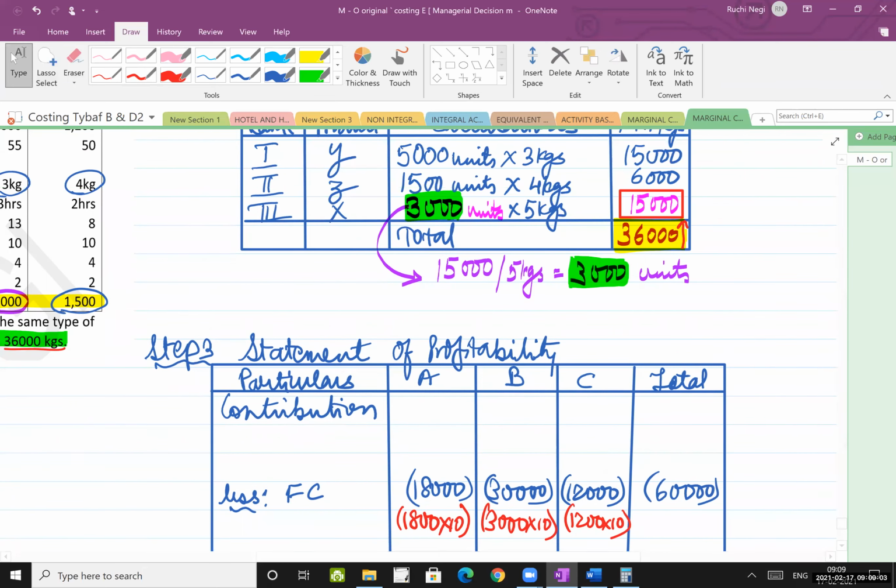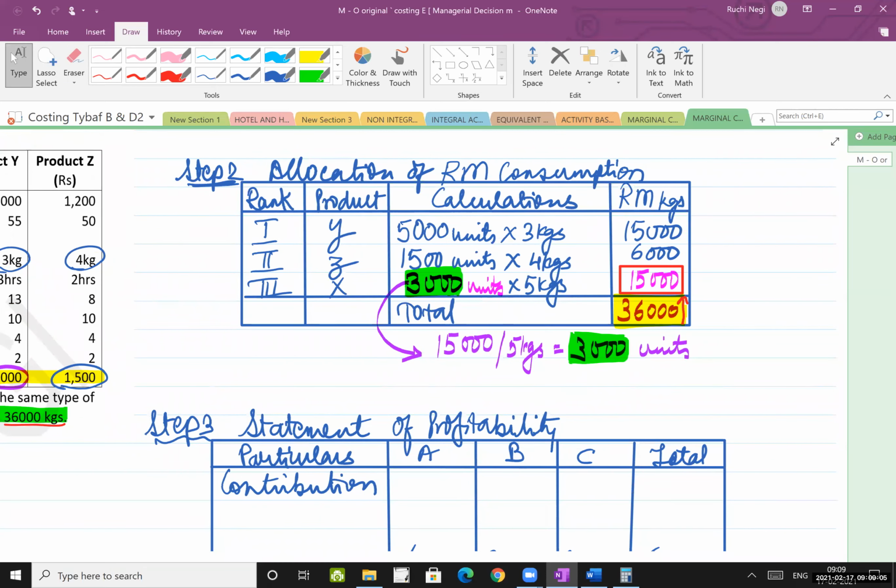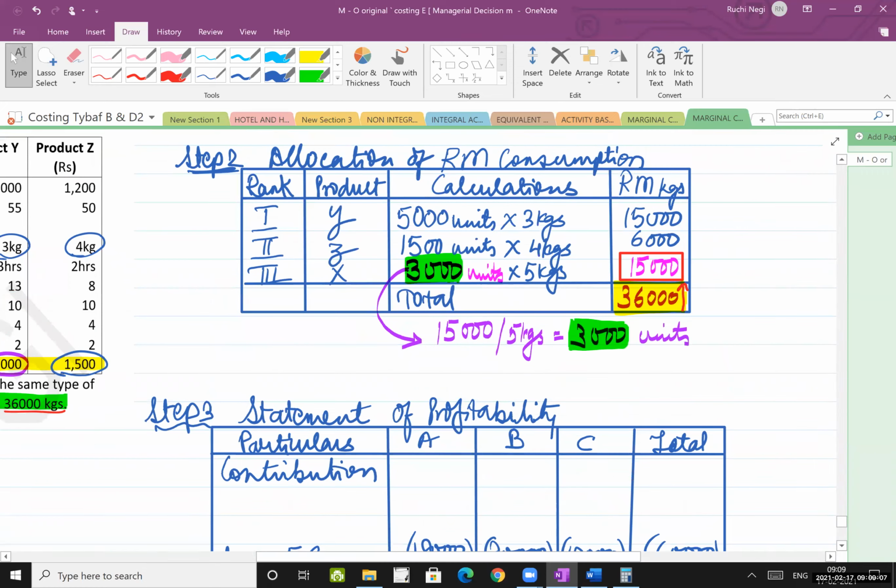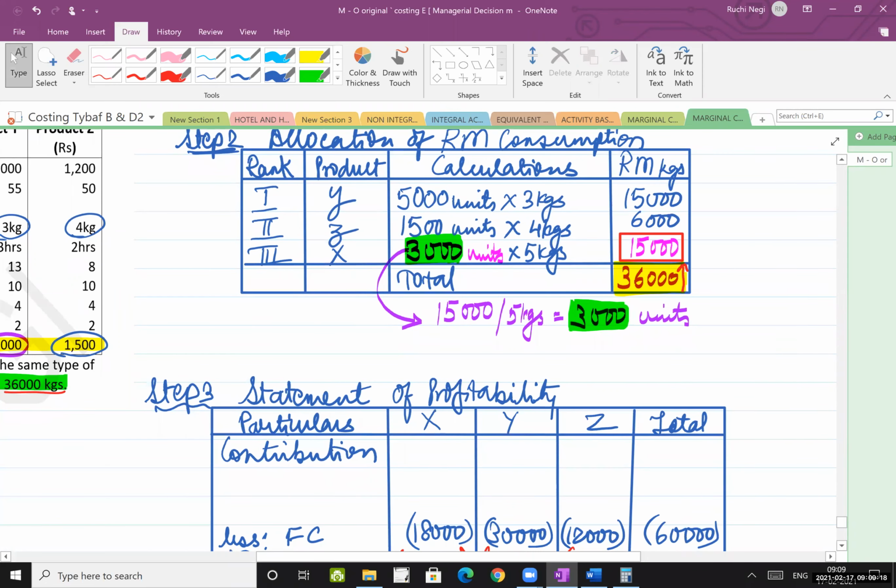Okay. Now based on your step 2, we will make your step 3. So what's the combination here? We will be using that combination X, Y, Z. Okay. X, how many units am I making? 3,000.